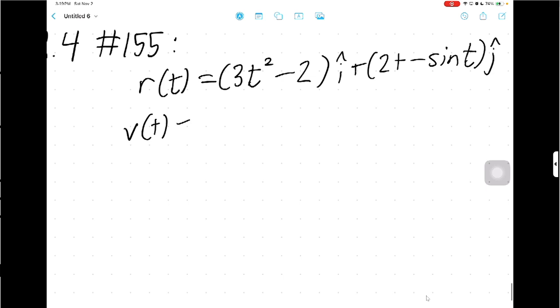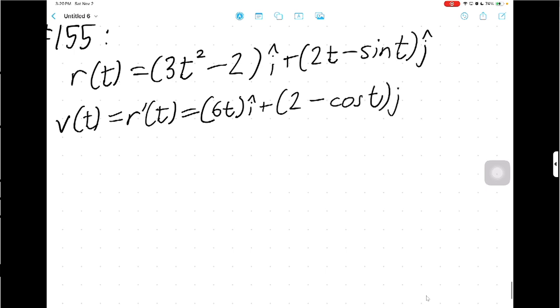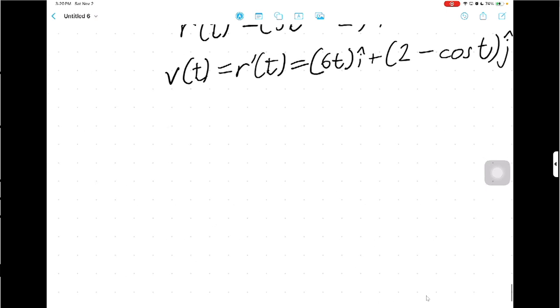So here we're just going to do the velocity. It wants us to find the velocity, so we have velocity is equal to the derivative of the position, which is equal to 6t i plus 2 minus cosine t j. And that's it.